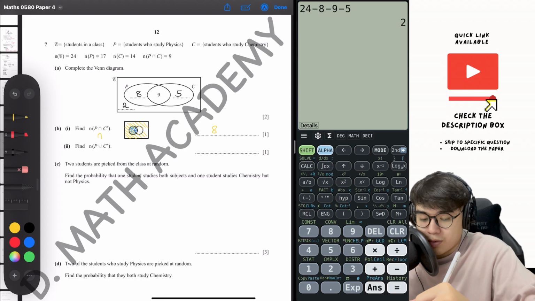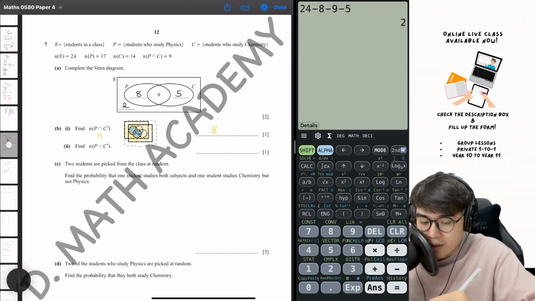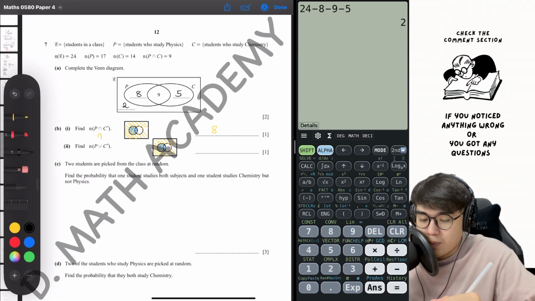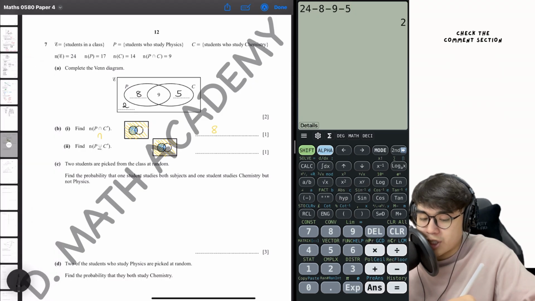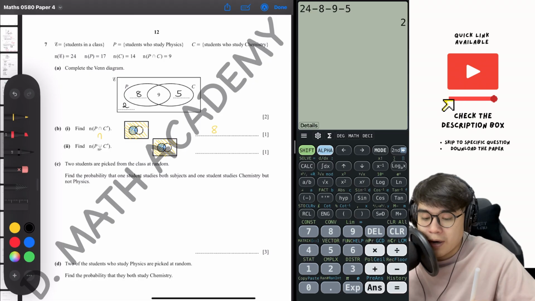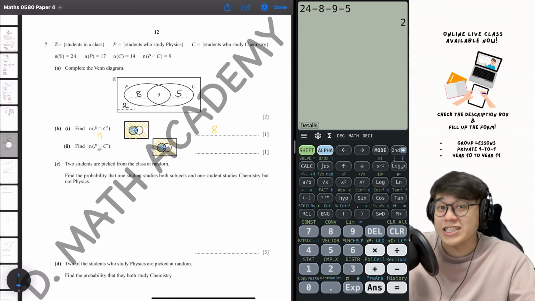To make your life easier, I'm going to duplicate this graph again, but this time around to solve the next section. The next section, they wanted the same thing, but they changed it to union. Union means all the parts that I've shaded right now are all considered as the answer.